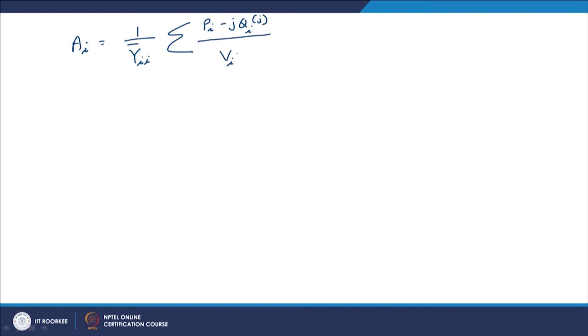Minus Vi star j minus 1, minus summation k is equal to 1 to i minus 1 of Yik Vk j. Sorry, that was a mistake, it should be i minus 1, as we have said.